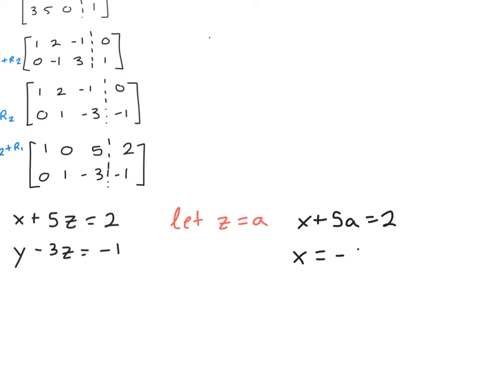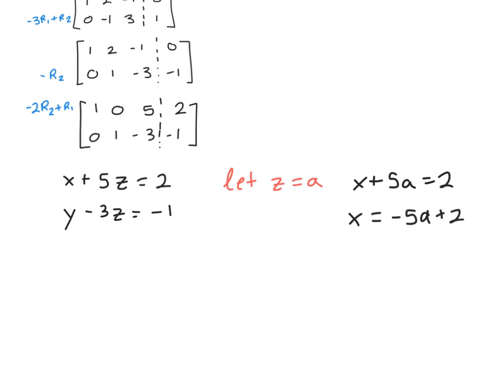So X is equal to -5A plus 2. Then I can substitute my new Z value into my second equation. So Y minus 3A equals -1. So Y equals 3A minus 1.